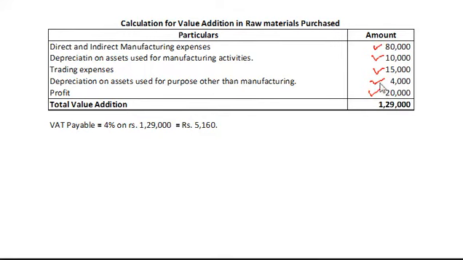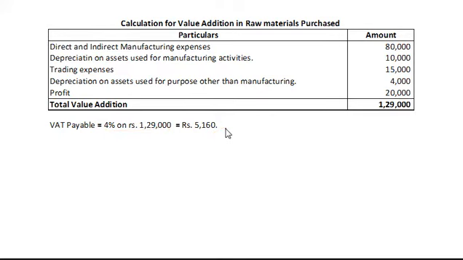So total value addition in raw material amounts to rupees 1,29,000. So finally VAT payable under value addition method amounts to 4% on rupees 1,29,000, that is 5,160.